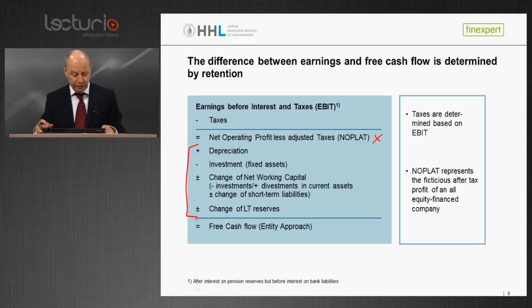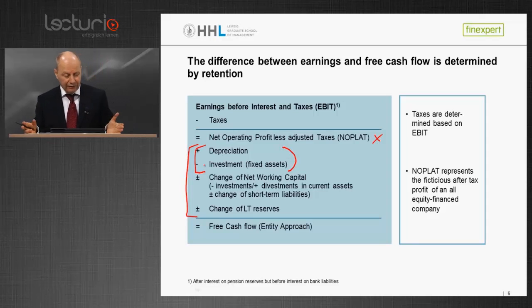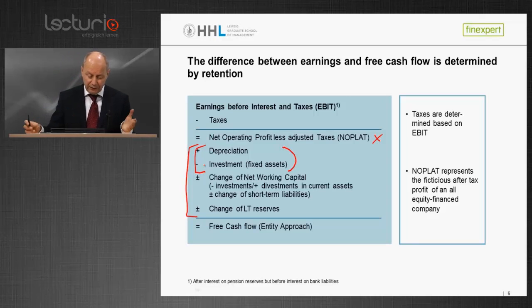The first part of our adjustment is the difference between the depreciation and the capital expenditure. That is the net investment. Depreciation is to be added back. It's an expense, not a cash outflow, whereas CapEx is the opposite. So the difference between depreciation and CapEx is the net investment. That is the investment that is made beyond the depreciation, if CapEx is greater than the depreciation.